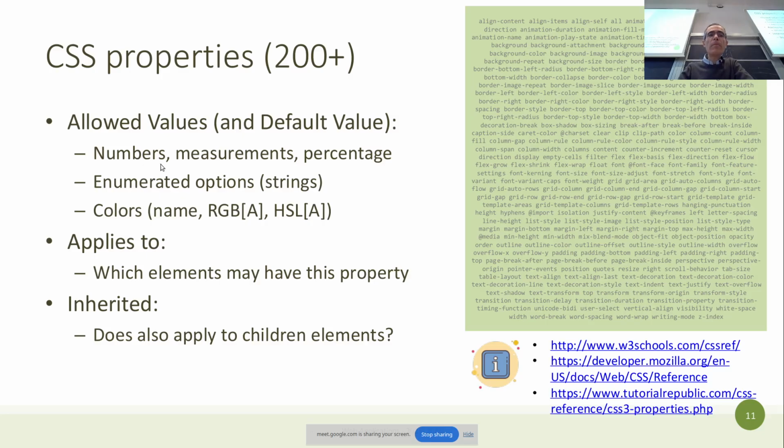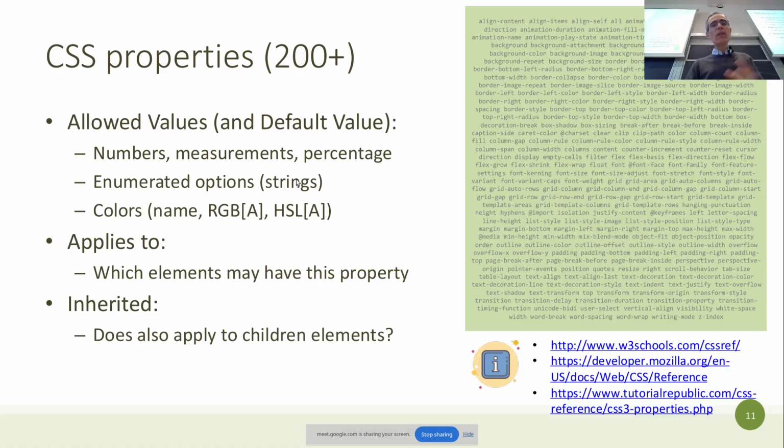Numbers, like columns, 2 columns. Or measurements, as we said before, font size 12 pixels, so we need to understand what a pixel is. Or a percentage. With columns, I want 60% for the first column, 40% for the other column.